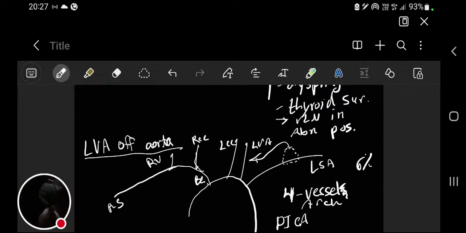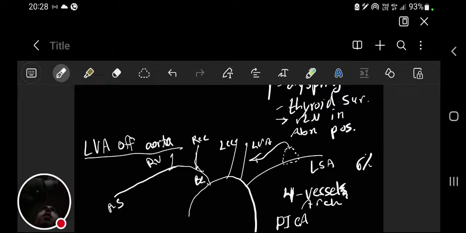The importance of this variant is that the left vertebral artery can terminate as the posterior inferior cerebellar artery, the PICA, and we need to know that because the circle of Willis can contribute blood from one side of the brain to the other, especially when something occludes the blood in one side.